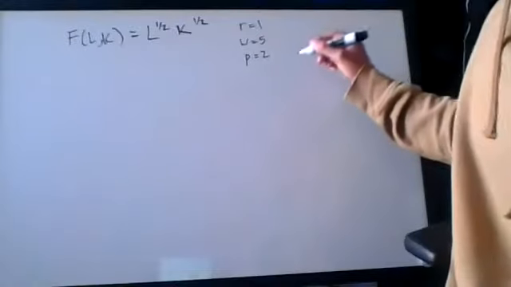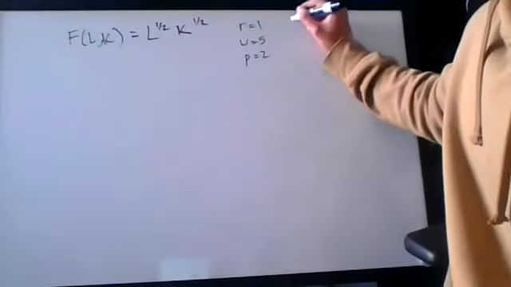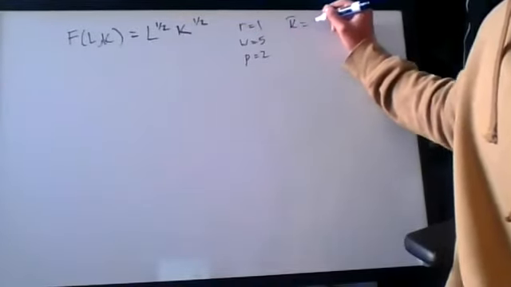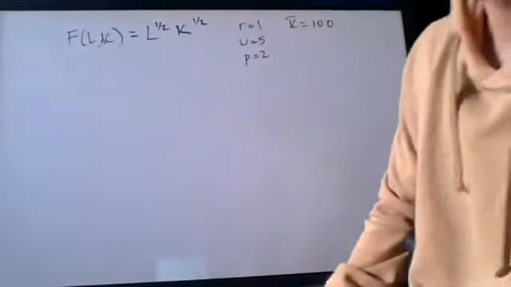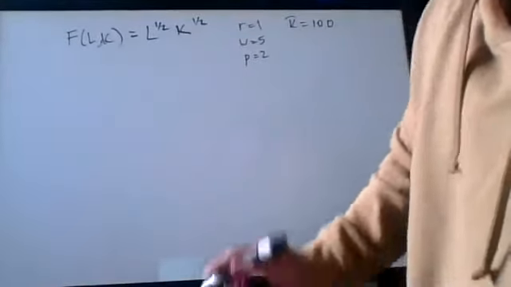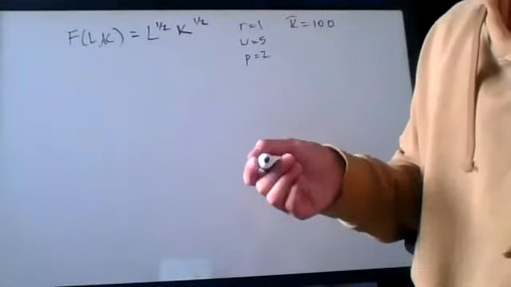So we have that K bar is fixed at 100, right? And so we're looking for the profit maximizing amount of labor.